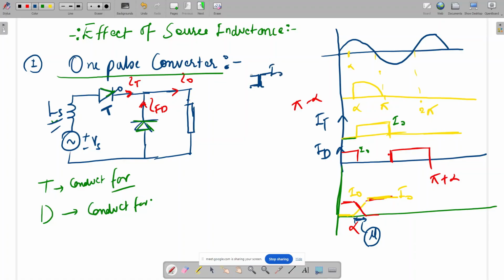But due to the source inductance, it creates a slope like this. If this is alpha, after the mu angle the thyristor current settles to I naught and the diode current becomes 0. This period is called the overlapping period.